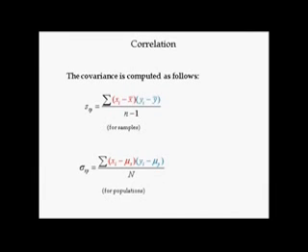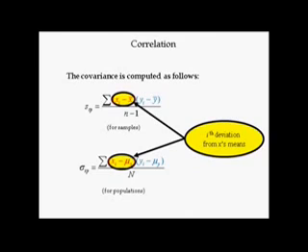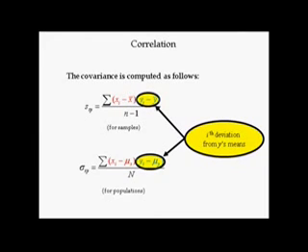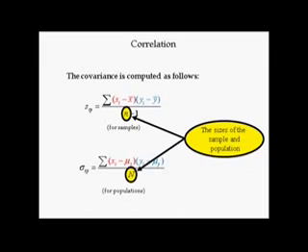The covariance equations are similar to the variance equations. Each deviation from x's mean is multiplied by the corresponding deviation from y's mean, which are then summed up. After summing the products of deviations from population means, the sum is divided by the size of the population, capital N. The result is a population covariance.